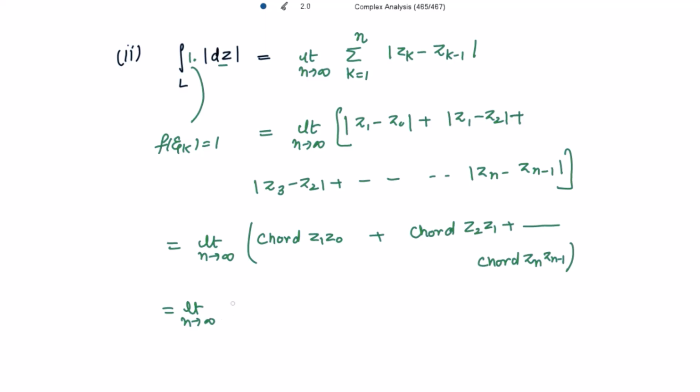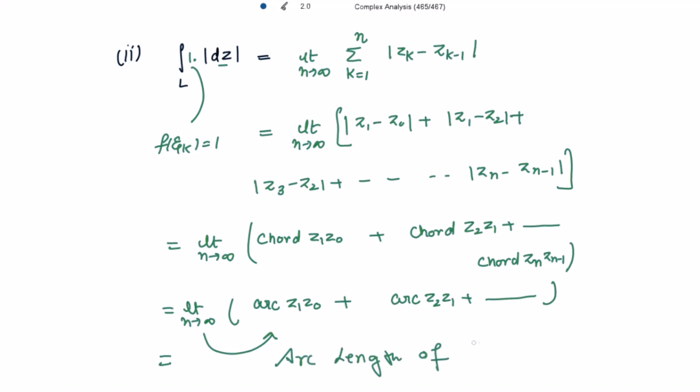In the limit n tending to infinity, the chord z1 z0 is nothing but the arc z1 z0, plus the arc z2 z1, and so on. And when n is tending to infinity, the total sum is the arc length of L, the complete arc length of L, right?